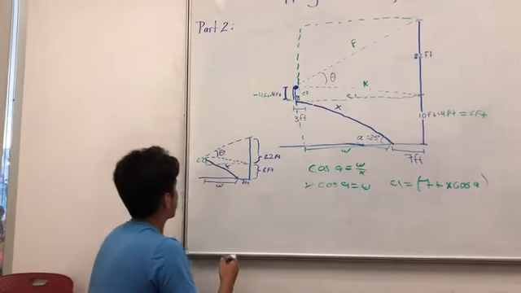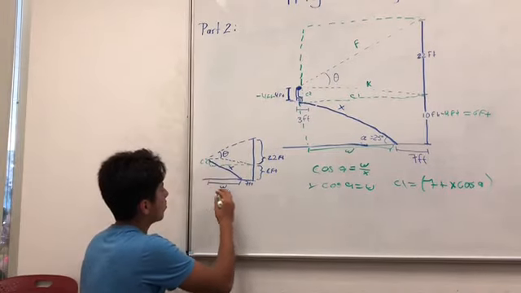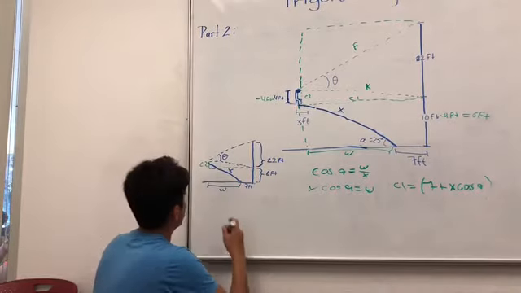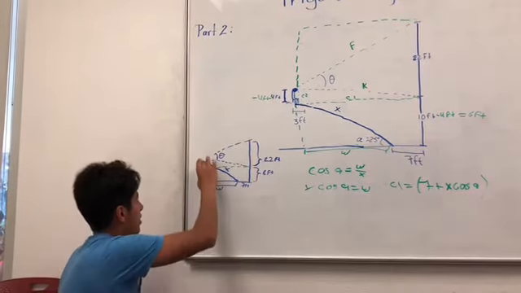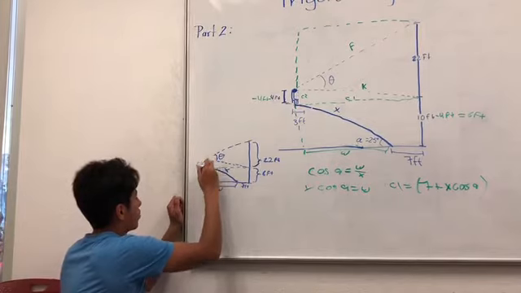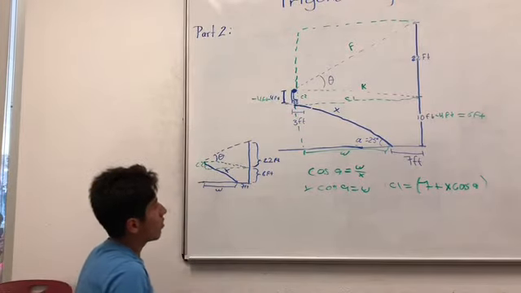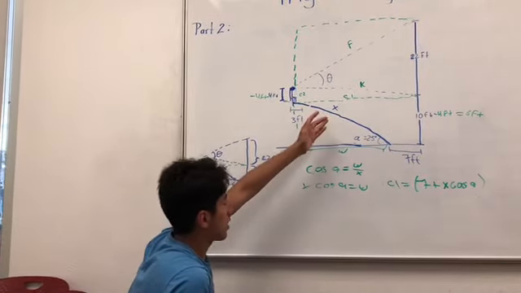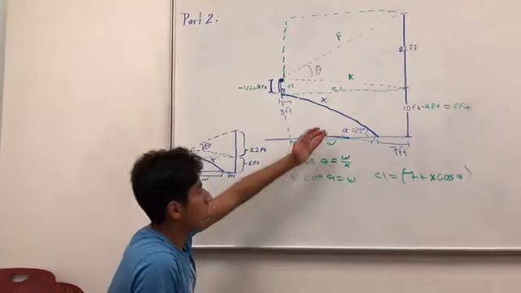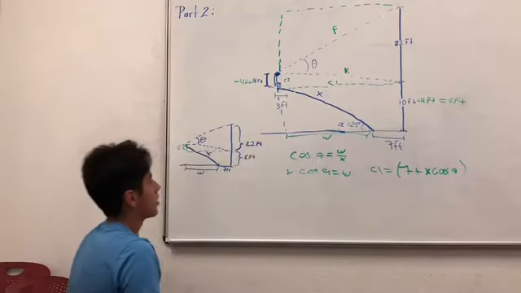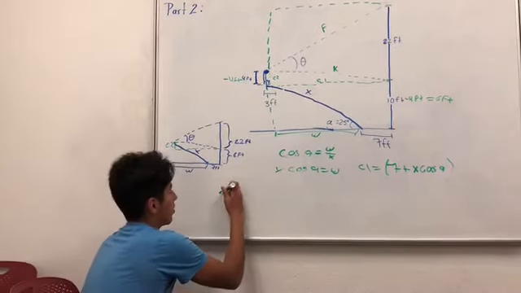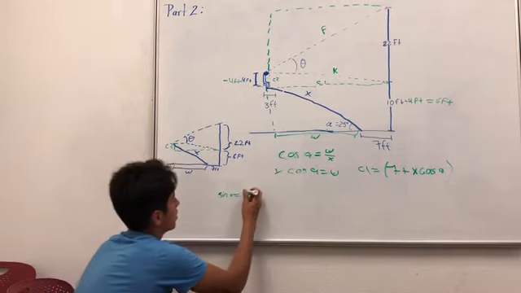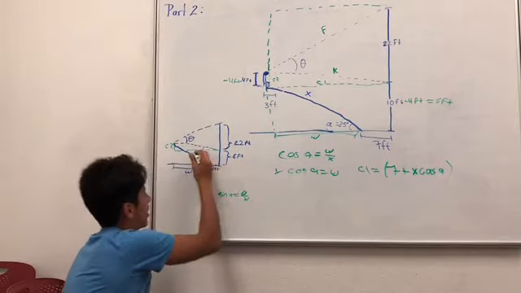So C2 is the difference of this height minus 6. So we have to get an expression that tells us this height from this point to this point, and we can use the trick that we have already used of cosine, in this case the sine function of the angle A. So sine of A equal to this side, the opposite over hypotenuse, that is x.